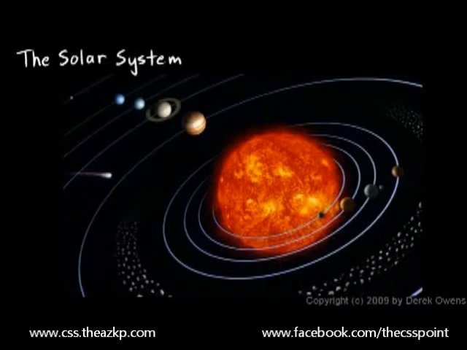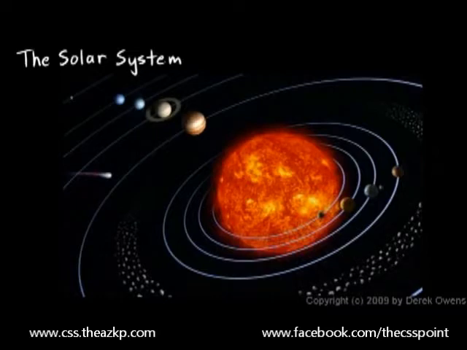They all appear to stay in the same place relative to each other. But because the planets are moving around the sun, when we see the planets in the night sky, their position changes night after night relative to the background stars, or the fixed stars. And the Greeks were aware of this. They were aware of 5 planets, and they called them wanderers. The Greek word for planet actually means wanderer.